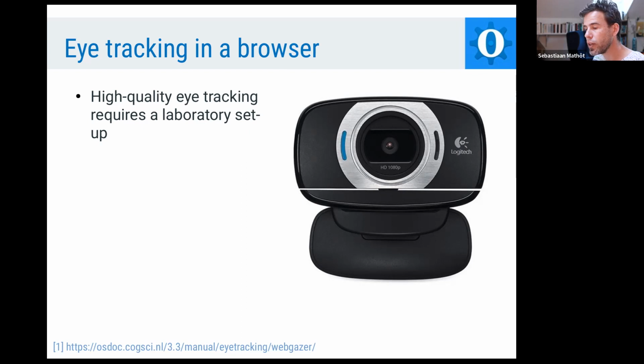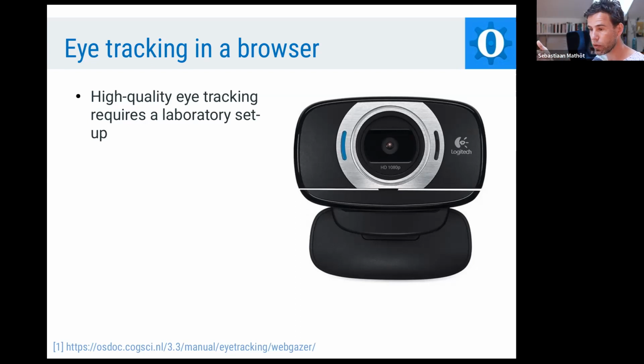And one reason for that is not only that they're for-profit companies selling a product that is not mass marketed, but also that eye trackers are not regular cameras usually. They are near infrared cameras, and they also come with infrared LEDs.